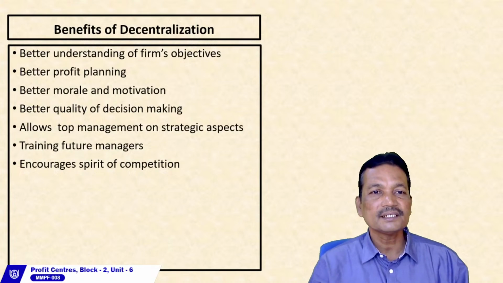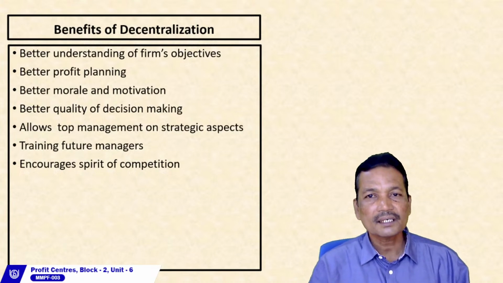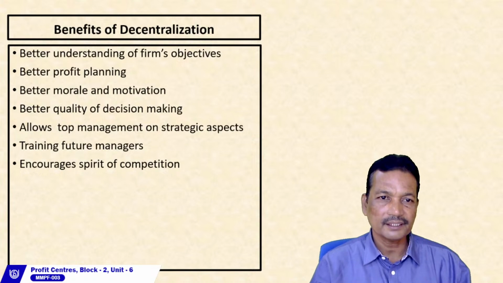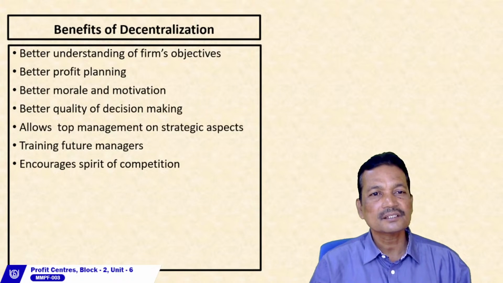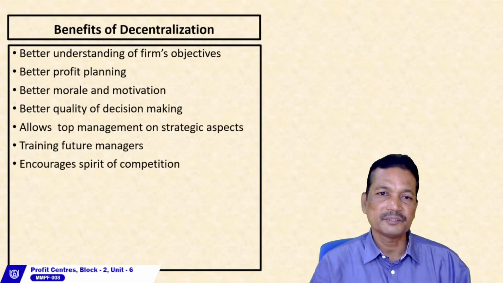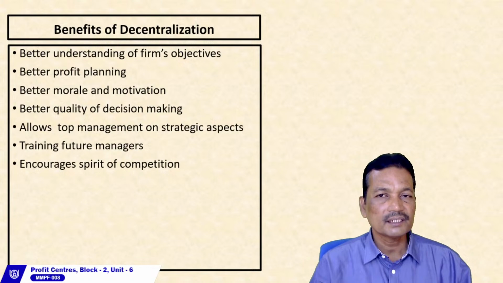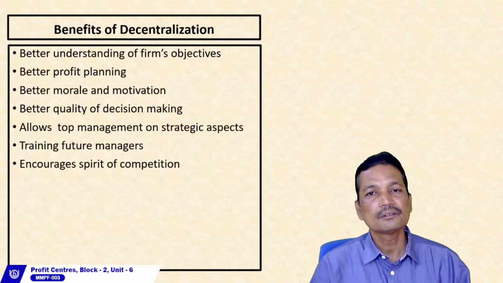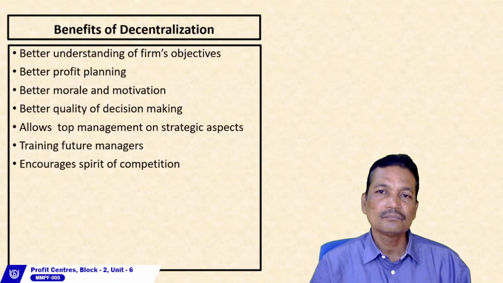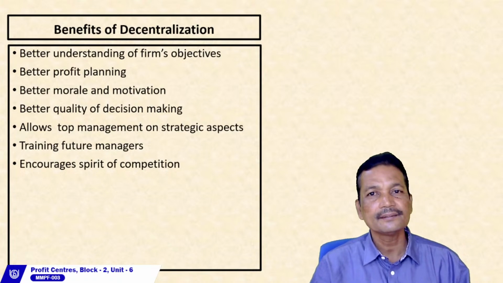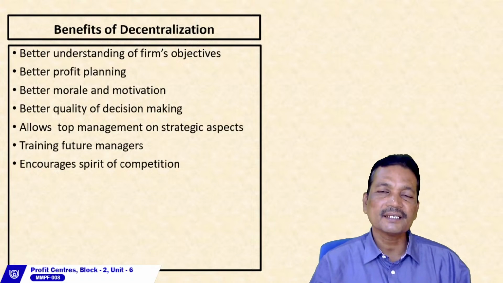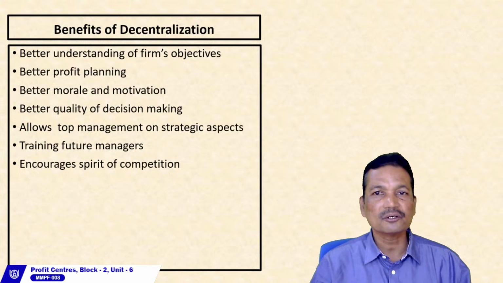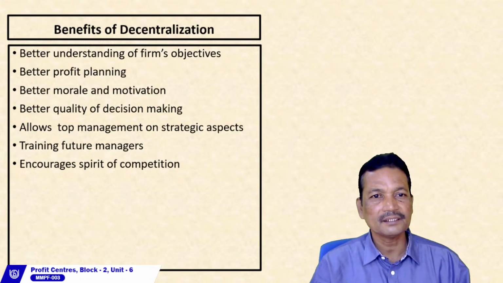Now, due to decentralization, what are the benefits we are going to get? Now, it is a better understanding of firm's objectives. We discussed about the firm, the top management's objectives, and in the last slide, we saw about suppose the profit to be generated by each of the division has to percolate down from the top management.